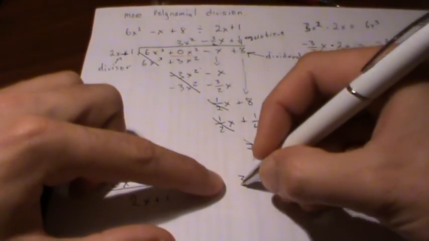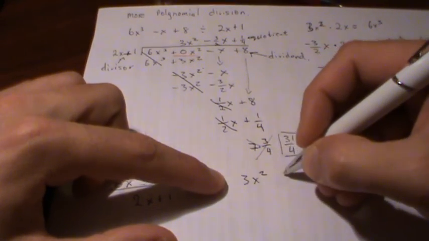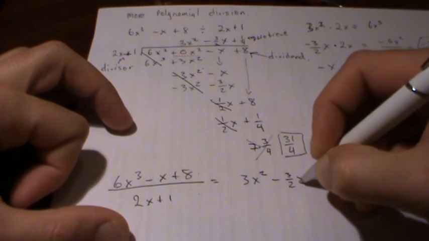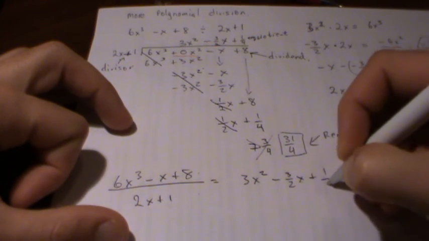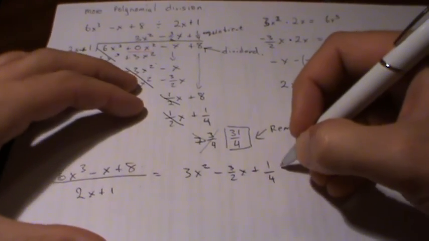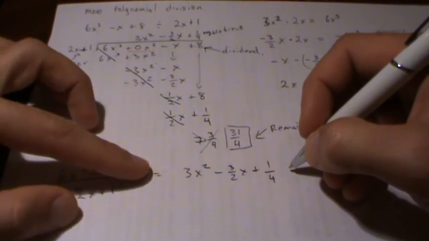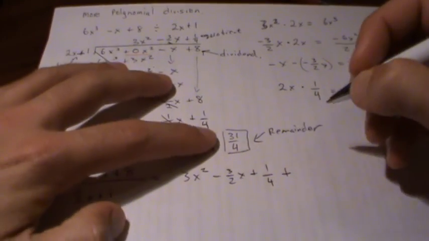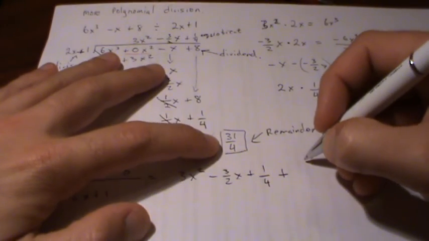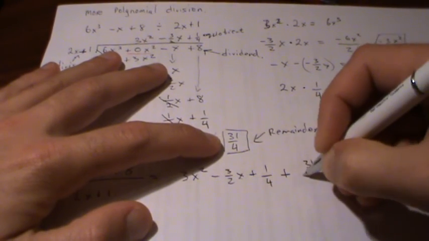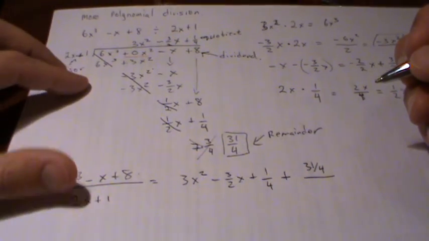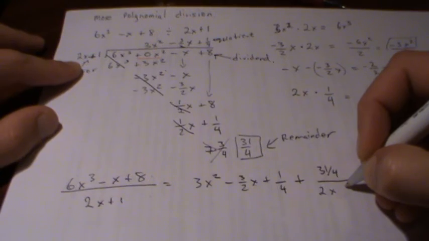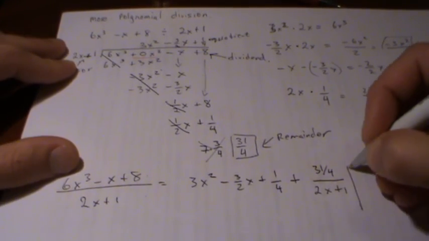The quotient is 3x squared minus 3 halves x plus 1/4. And so the dividend divided by the divisor is equal to the quotient plus, you always put a plus here, the remainder, which is 31/4, divided by the divisor, which is 2x plus 1.